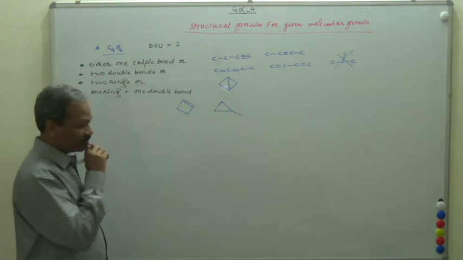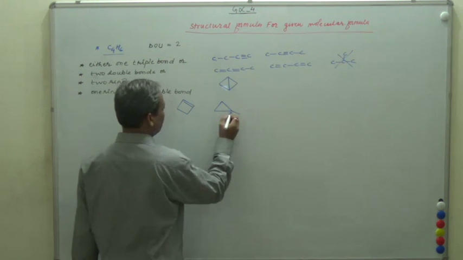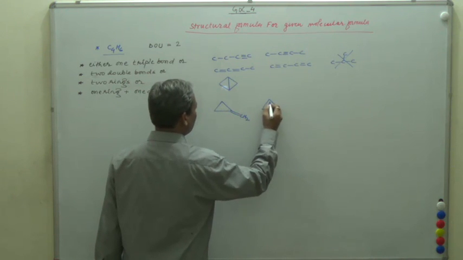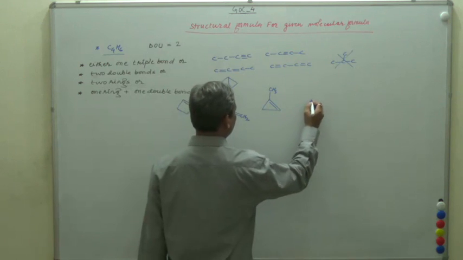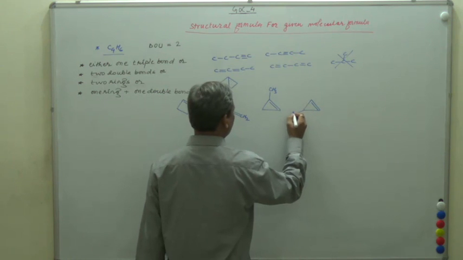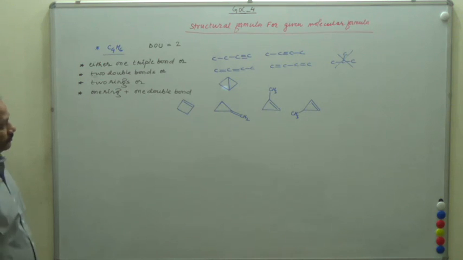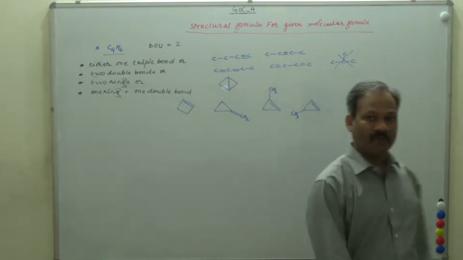This is the remaining carbon atom, and now we have to place a double bond. So this double bond can be placed either here, it can be placed here, and it can be placed here. So for this molecular formula, we can draw these possible structural formulas.